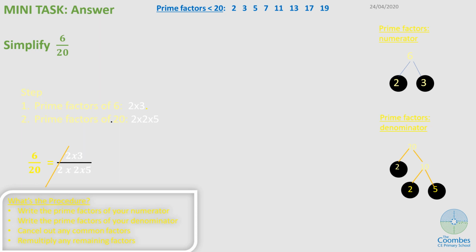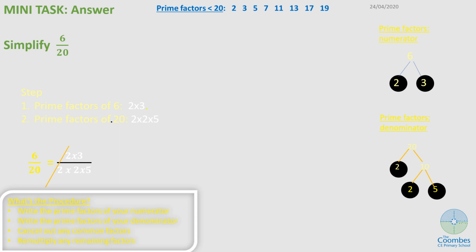To simplify 6 over 20, I'm now going to write the prime factors instead. So the 6 will be 2 times 3, which is here. And then the 20 will be 2 times 2 times 5.